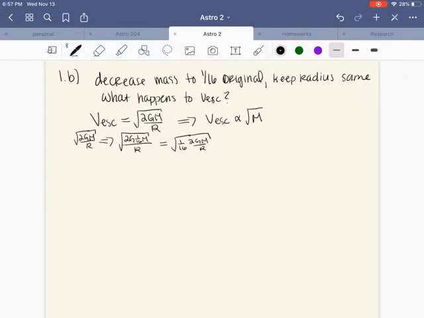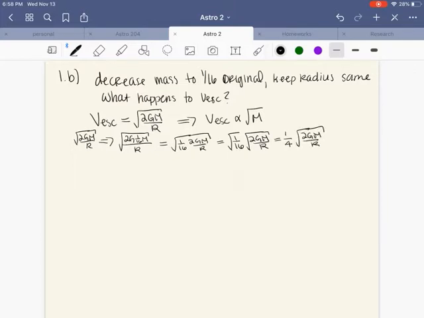If you have 2 things inside a square root and they're multiplied by each other, then you can put them each in their own square root and have those multiplied. And square root of 1 over square root of 16, same for division, we get 1/4 root 2GM over r.